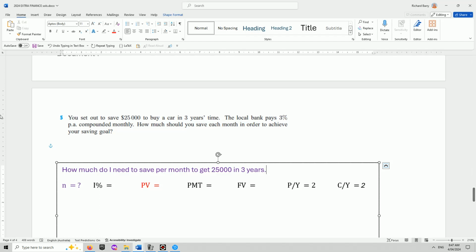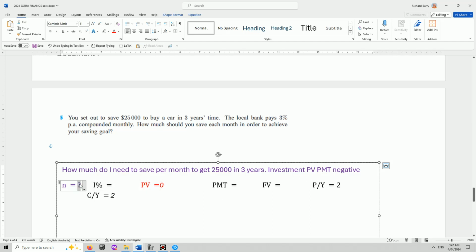Bang. Alright, so save. This is investment. Okay, PV and payment are negative. Right, I imagine that you start with no money. It doesn't say anything here, so I imagine that you start with no money.